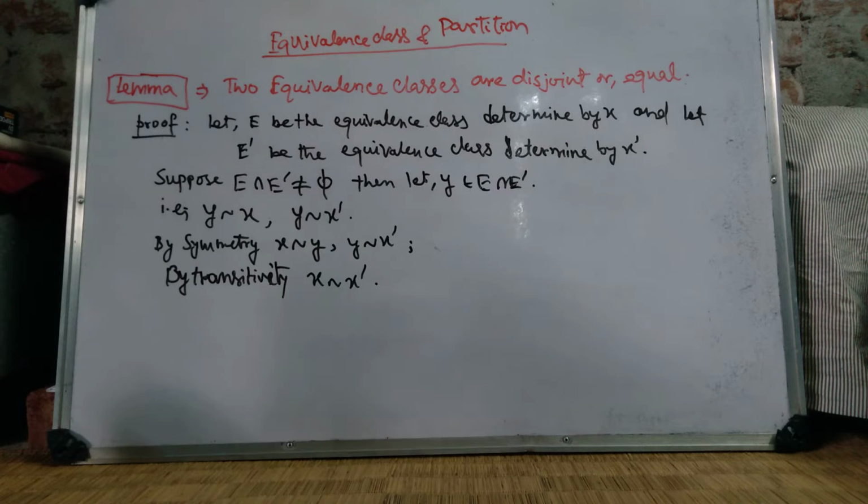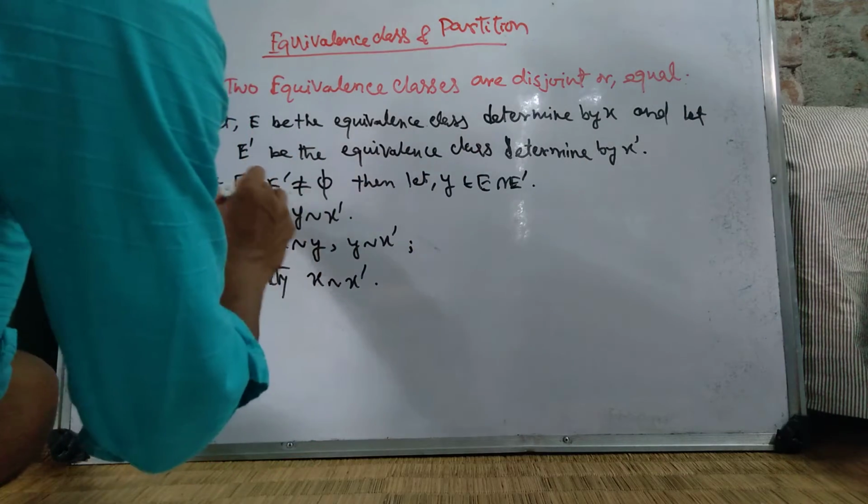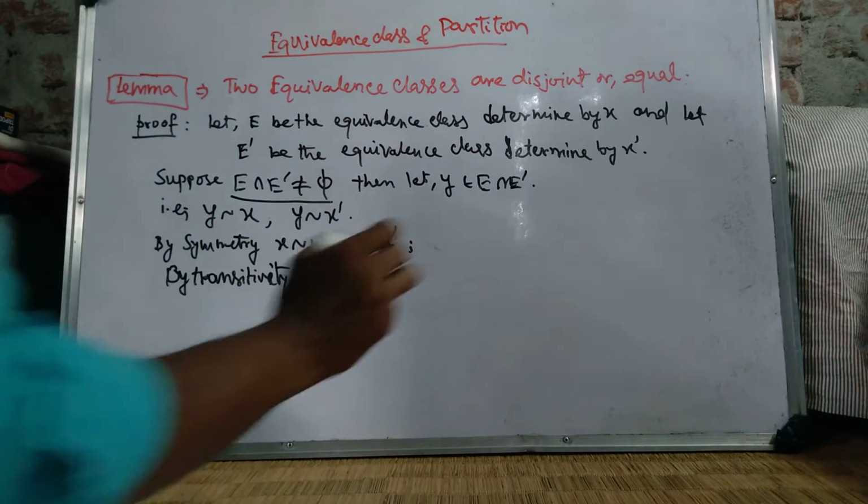Now X is related to X dash. We have to show that E equals E dash.